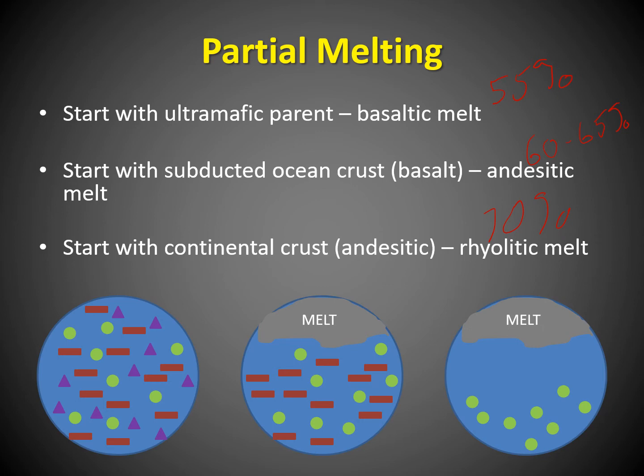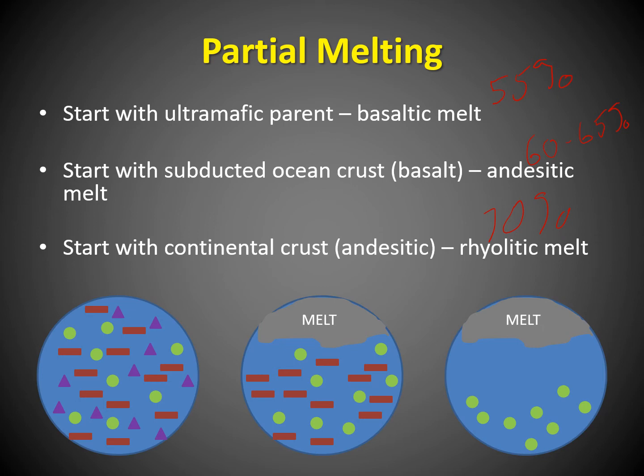The Earth has lost so much heat that it's rare that we have enough heat to melt that parent to that extent. But if you go back to like the Archean, there's flood basalts from 3 billion years ago when the Earth was still really hot, and they're ultramafic. They're down in the 45 to 48% range.